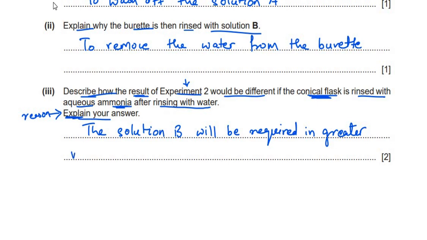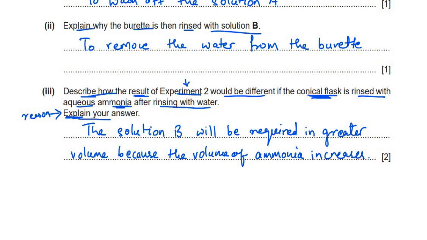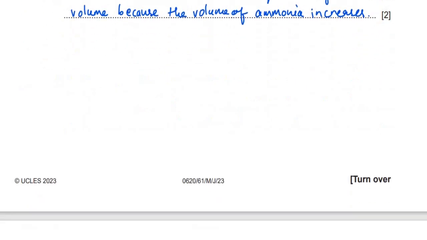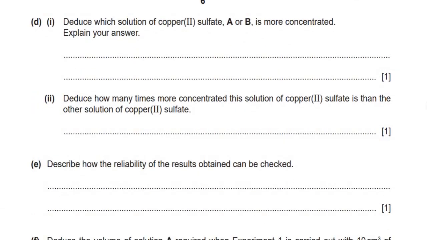That also we can write: will be required in greater volume because the amount of ammonia, or the volume of ammonia, increases in the conical flask. So if the volume of ammonia increases, solution B will be required in a greater volume. That is the main reason, and that is how the experimental results will be affected.